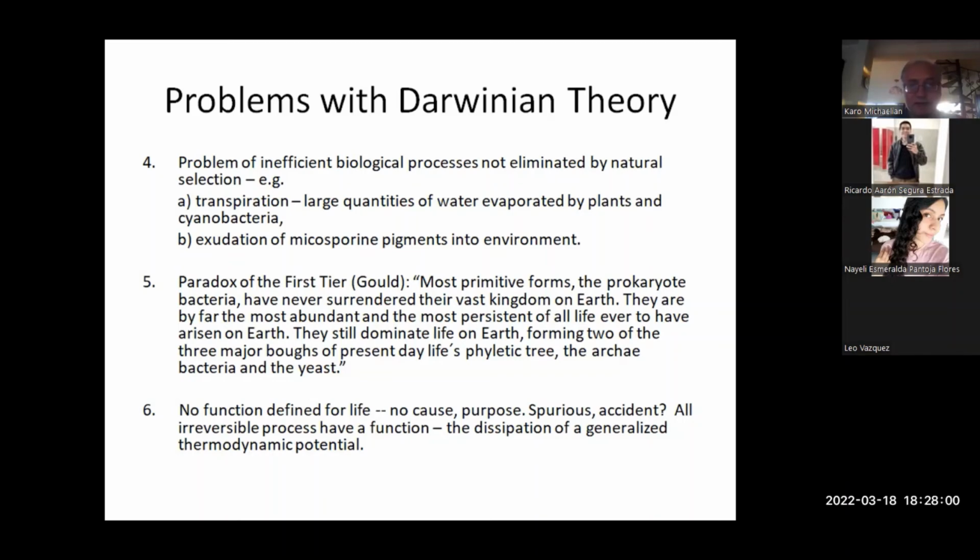So he's saying that there are some organisms which have remained primitive, which have not evolved. They have remained basically the same for thousands of millions of years, and these are the prokaryote bacteria. So that is a little bit against the theory of Darwinism, in that all organisms are adapting and increasing their adaptability or their survivability with respect to the environment and evolving into new forms which are better adapted.